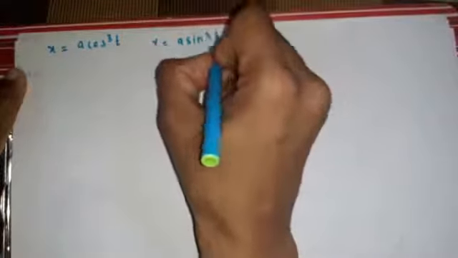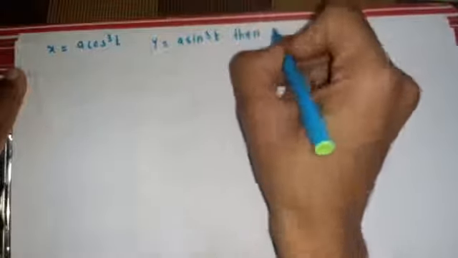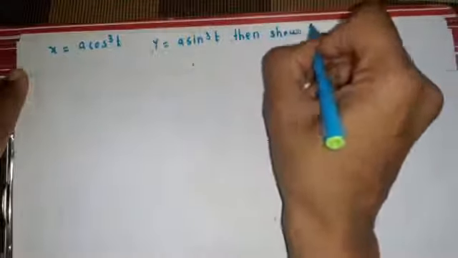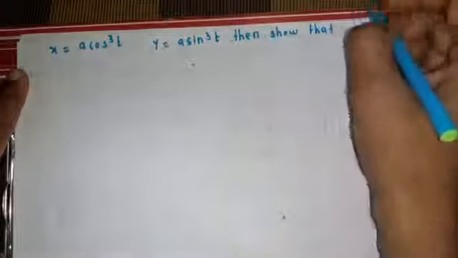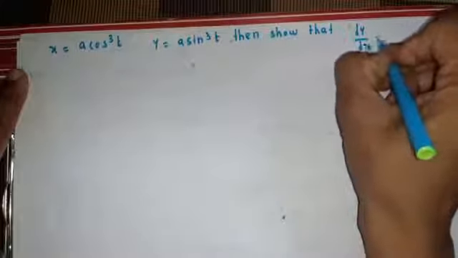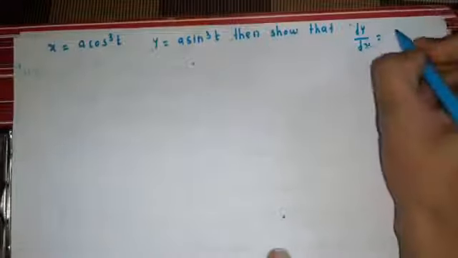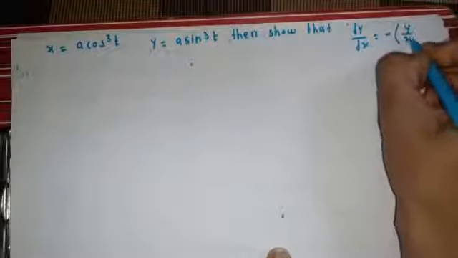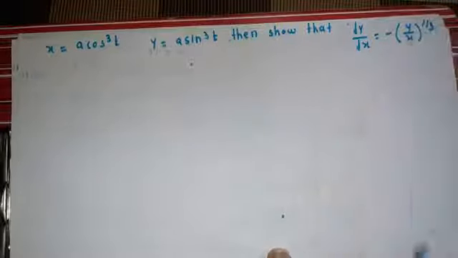So the next one is, if x equal to a cos cube t and y equal to a sin cube t, then show that dy by dx equal to minus y upon x raised to 1 by 3.